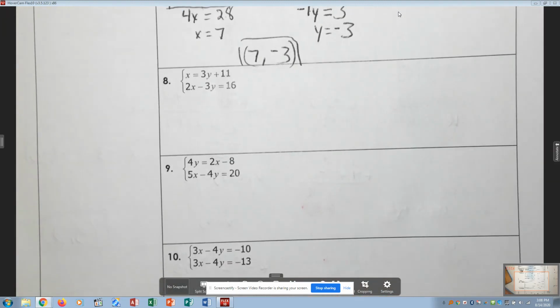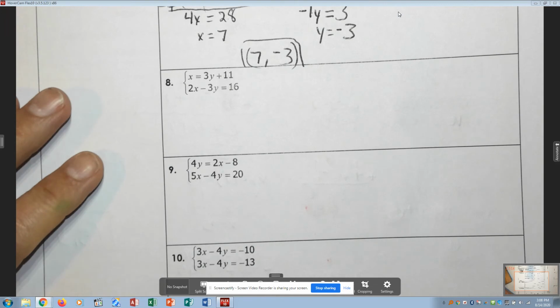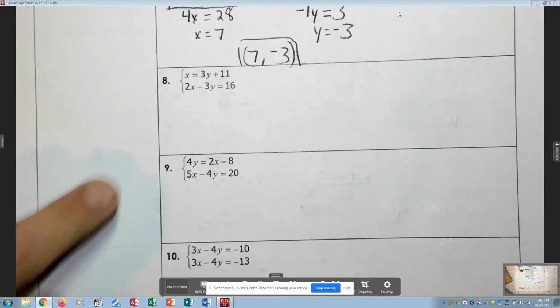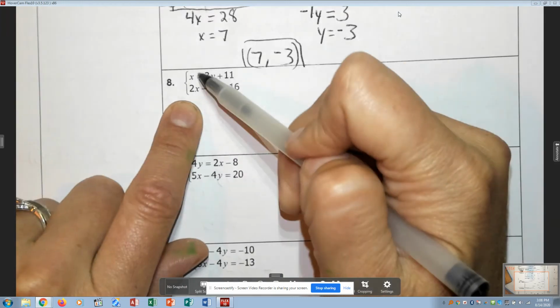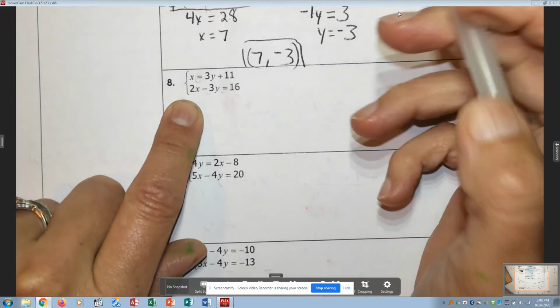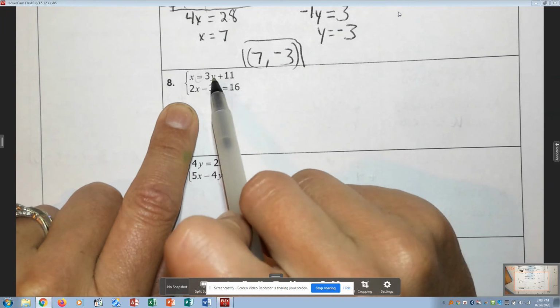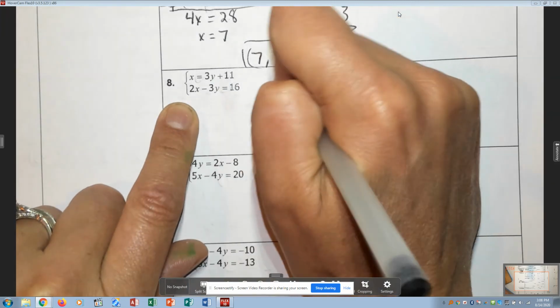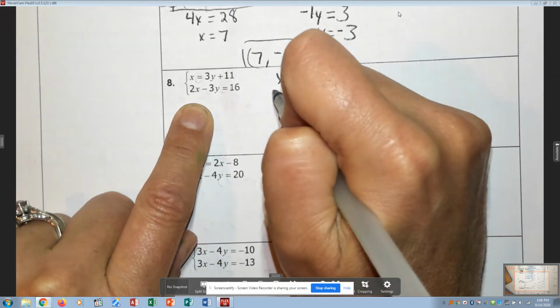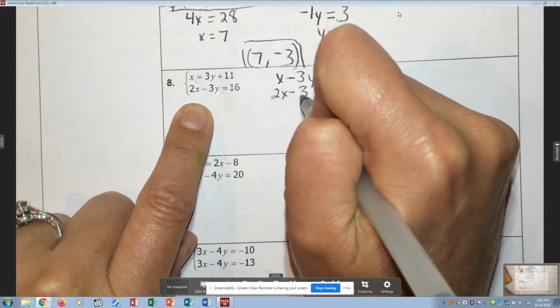So what do you do if your variables are not already lined up? Notice there's an equal sign here and there's an equal sign over here. So I have two choices. I could subtract the 3y from both sides, so I could say x minus 3y equals 11, and then this just stays the same.